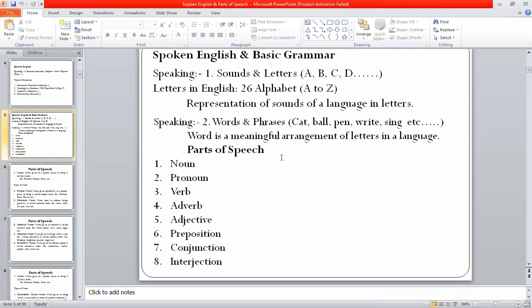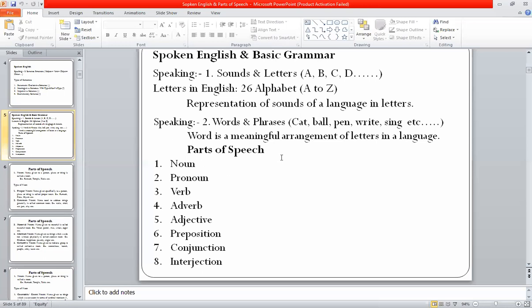So let's see the parts of speech. Parts of speech means what? These are the parts of a sentence that we use to speak to someone. Let's take the example of our body. Our body has different parts.